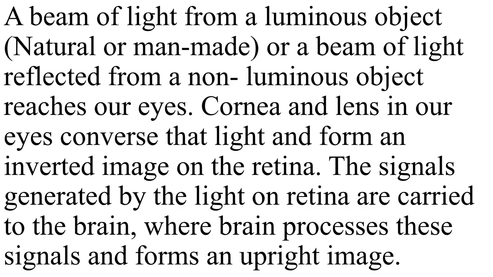Cornea and lens in our eyes converge that light and form an inverted image on the retina. The signals generated by the light on retina are carried to the brain, where brain processes these signals and forms an upright image.